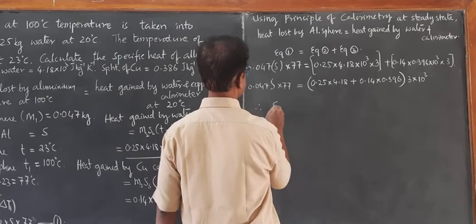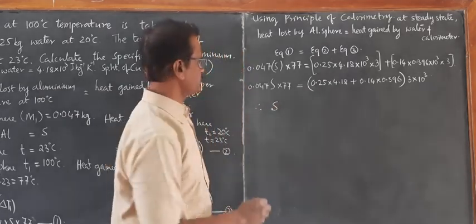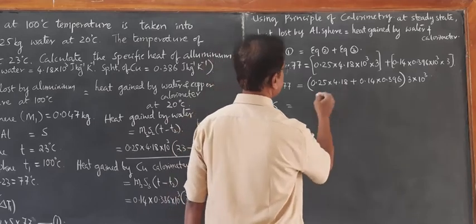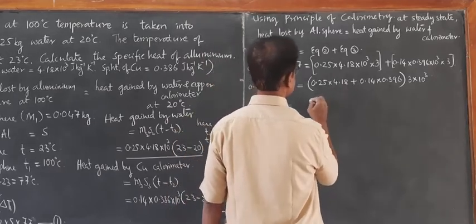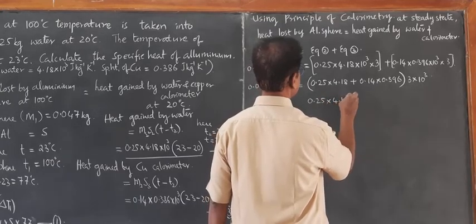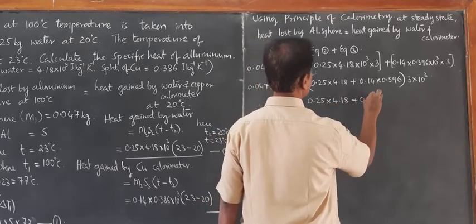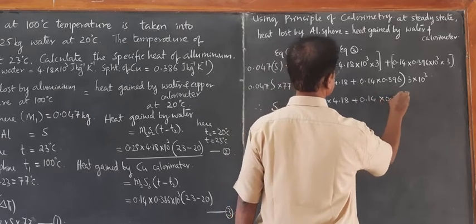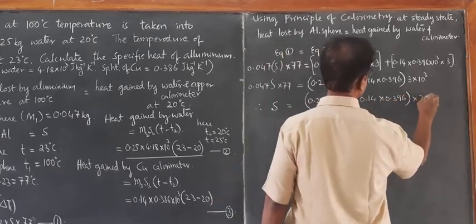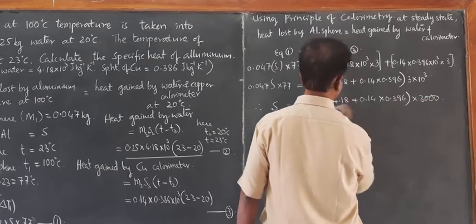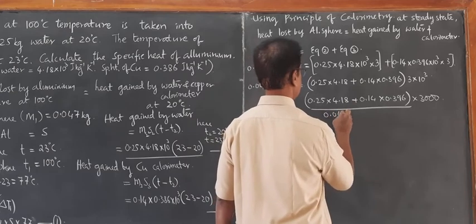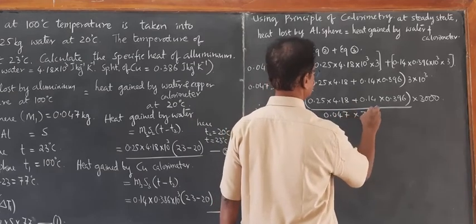Therefore, the specific heat of aluminium S is equal to, if you simplify this entire thing, 0.25 into 4.18 plus 0.14 into 0.396, whole multiplied by 3000, whole divided by 0.047 into 77.